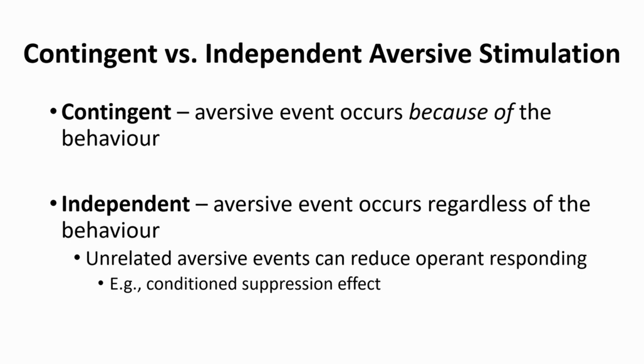So we need to be aware that if aversive events are being delivered independent of that behavior, then we might still see some kind of suppression. So we need to be aware of whether the aversive stimulation is contingent on our behavior or independent of that behavior, because they both adjust behavior in different ways using different mechanisms.